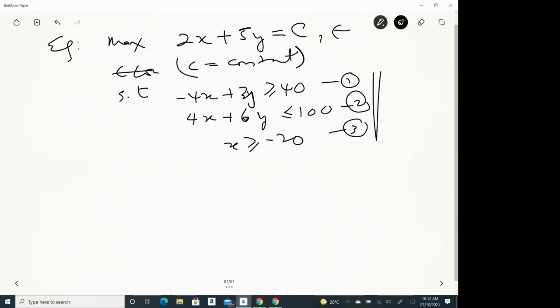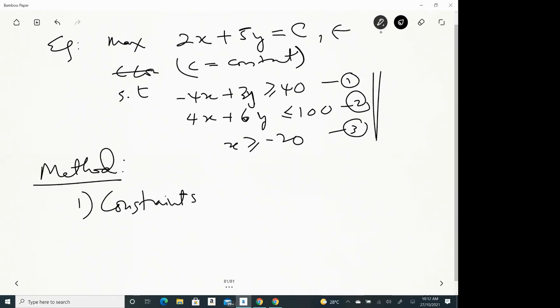Okay, I will summarize the method. And this method is a general method. Number one, you start with the constraints, which we already know are the inequalities, a system of inequalities.